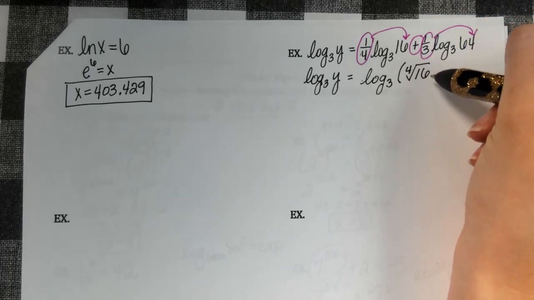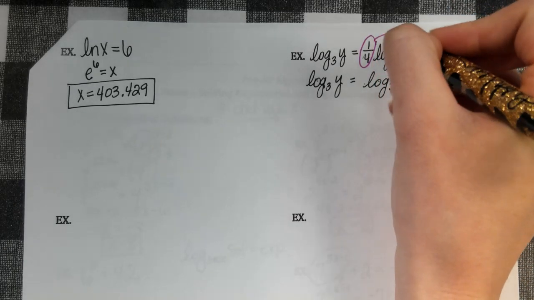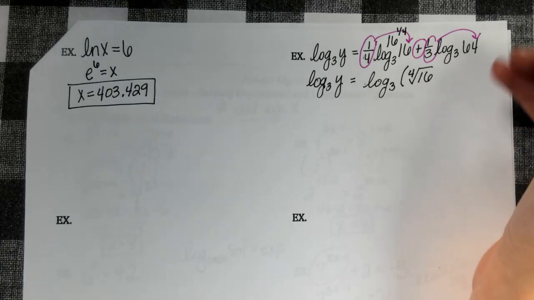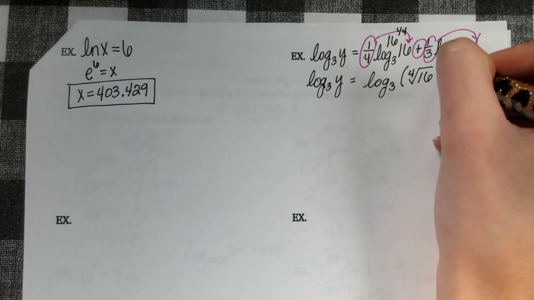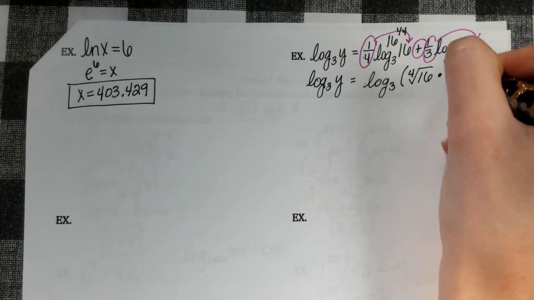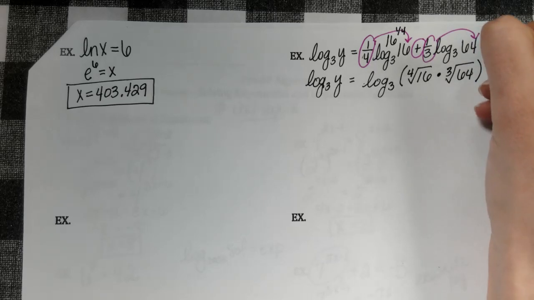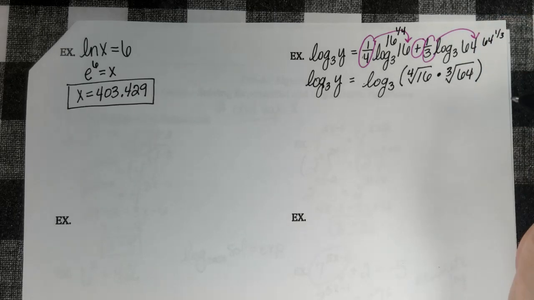How do I know it's the 4th root of 16? Because this is 16 to the 1/4 power. And I'm multiplying that by what? The cube root of 64. And again, I know that because this is 64 to the 1/3 power.